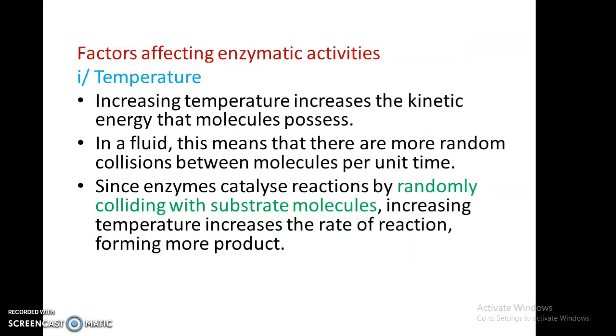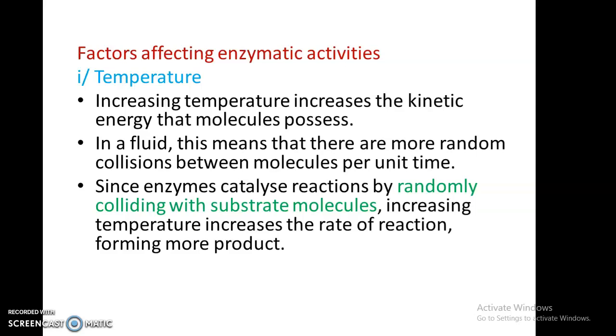Increasing temperature increases the kinetic energy that molecules possess. Kinetic energy is the energy related with motion or movement, just relate with your physics knowledge. In a fluid, this means that there are more random collisions between molecules per unit time.